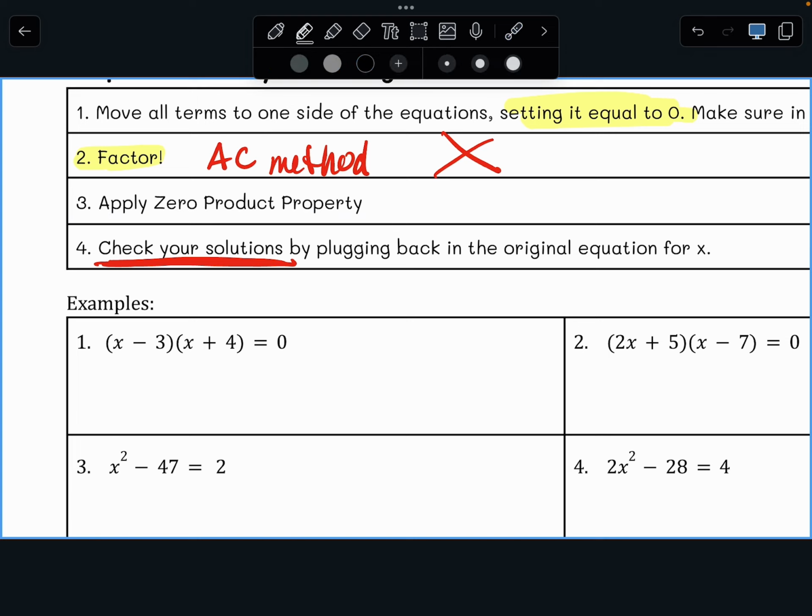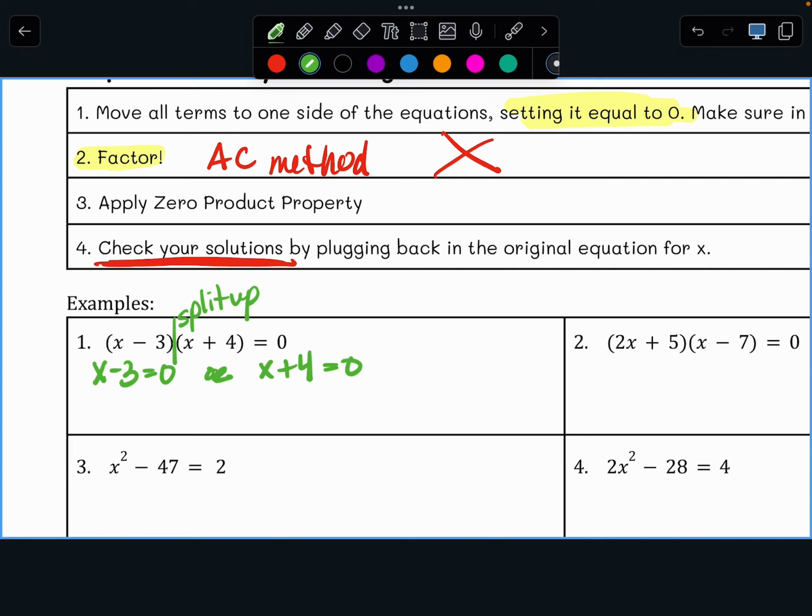What that means is that I'm going to split this. So x minus 3 equals 0, or x plus 4 equals 0. Then we add 3 to both sides.